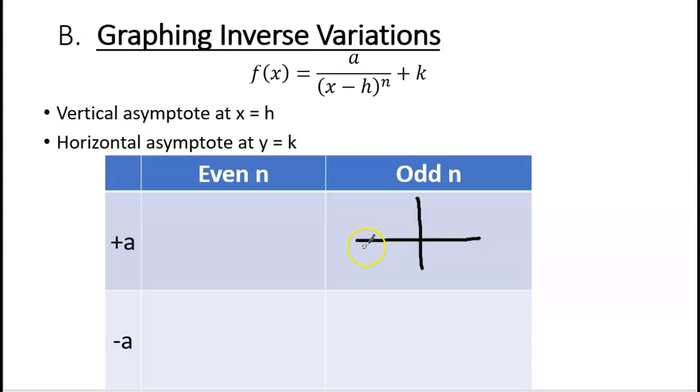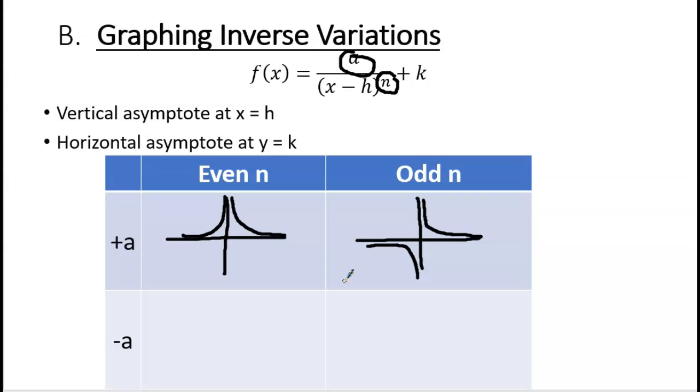They look like this, right? But that's if they had a positive a value on the top and an odd power. We also saw what happened if we had an even power. When you had an even power, both halves of the graph were on top.